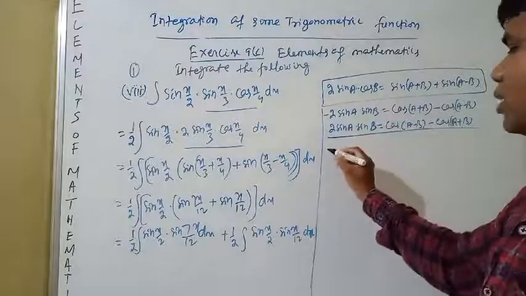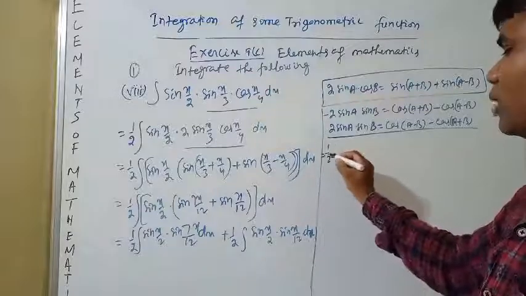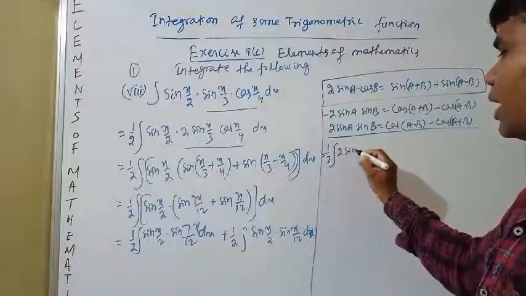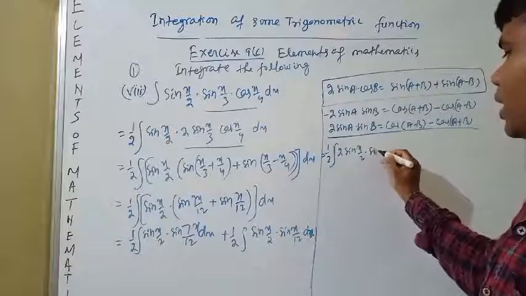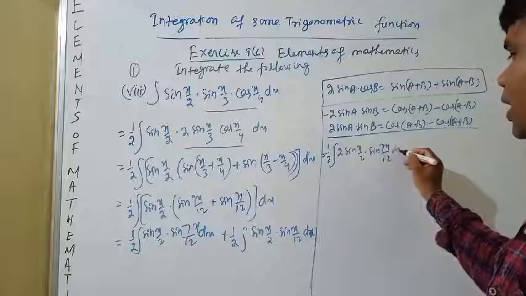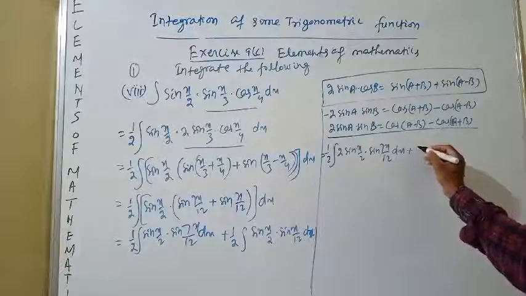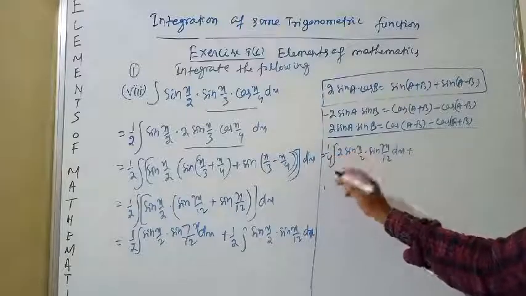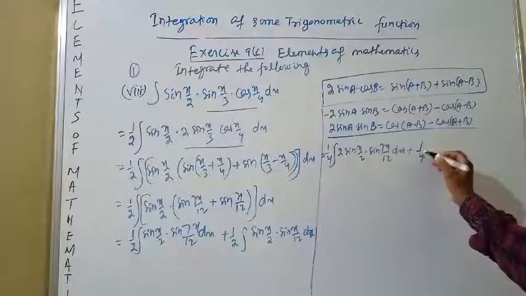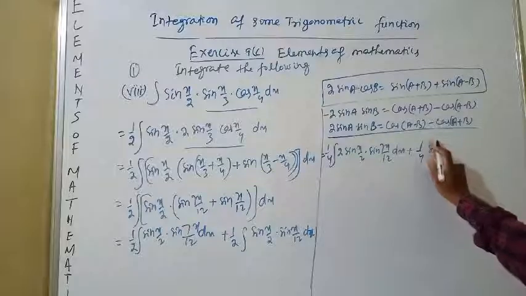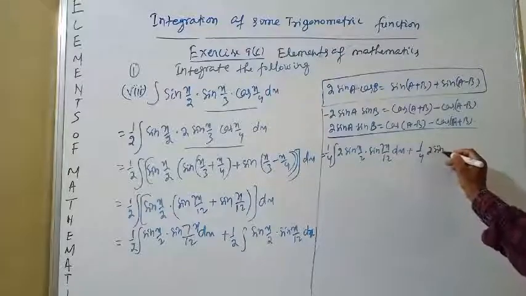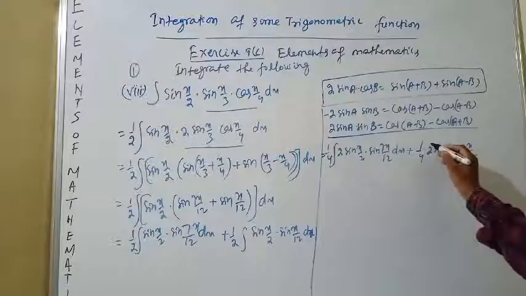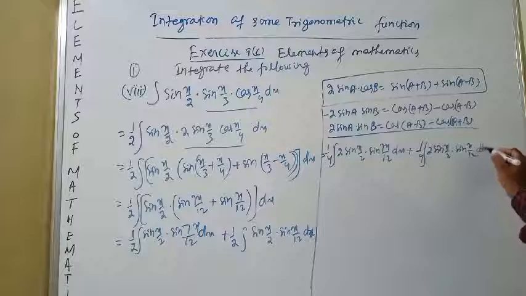You multiply with 2 and divide with 2, so it is 1 by 4 integration of 2 sin x by 2 into sin 7x by 12 dx, plus, multiplying 2 and dividing by 2, you get 4 here also, 2 sin x by 2 into sin x by 12 dx.